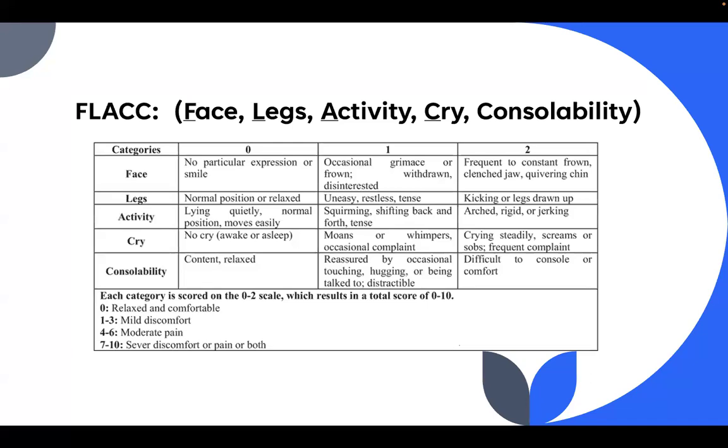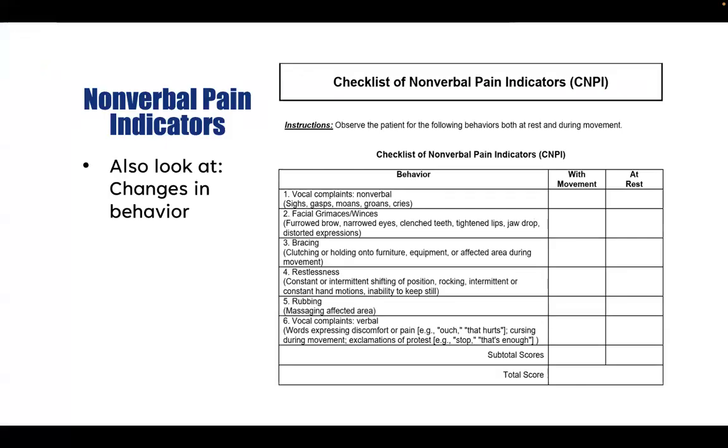So if someone scores between 1 and 3, mild discomfort, 4 to 6, moderate pain, or 7 to 10, severe discomfort or pain. And some of these tools have similar items that they're looking for. These are just examples that can be used.